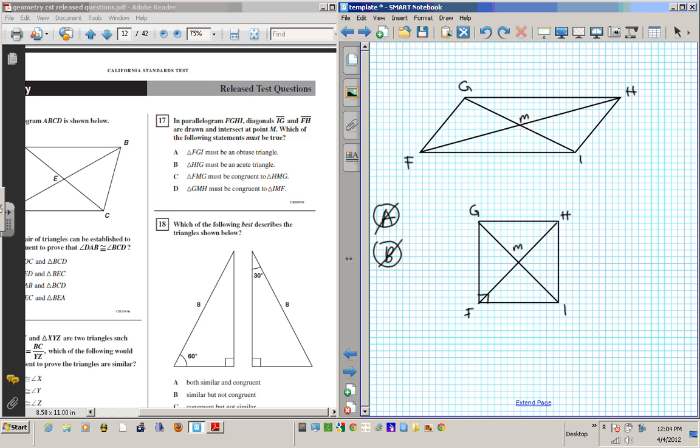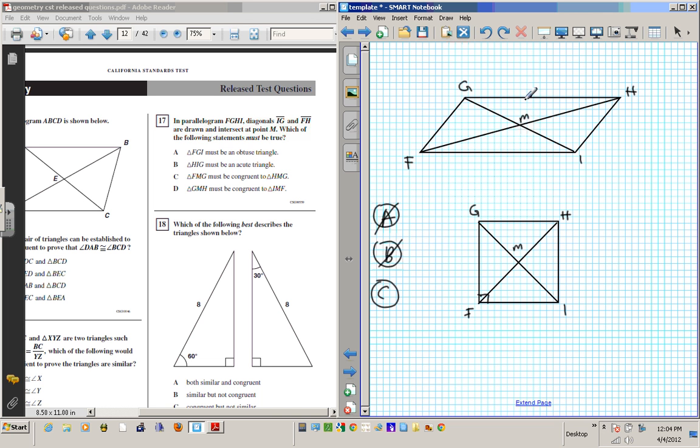Alright, next one, it says triangle FMG must be congruent to triangle HMG. FMG, HMG. Absolutely not. That's the case here because all these are congruent. But in this case, FMG and HMG are totally different.